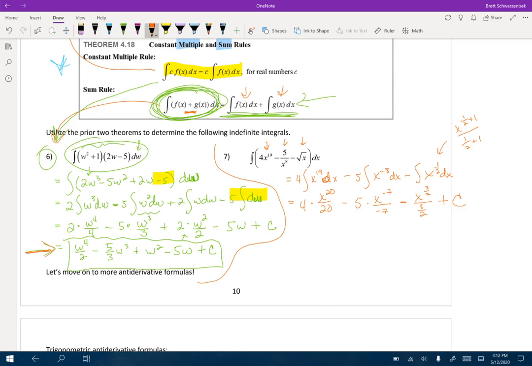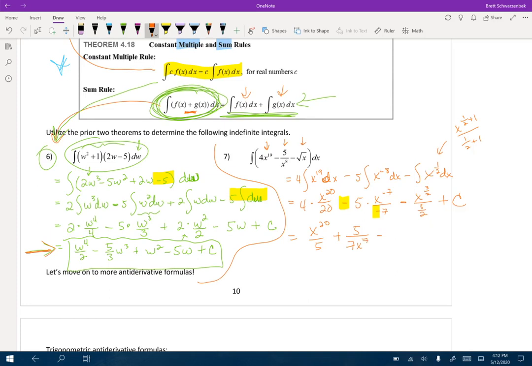Okay, we've got to simplify. 4 and 20 simplifies to a 5. What about this guy? So be careful here. It looks like the negatives that occur here and here are going to make this positive. The 5 is in the numerator, and the 7 is in the denominator. The x to the -7 moves down to the denominator and becomes x to the +7.